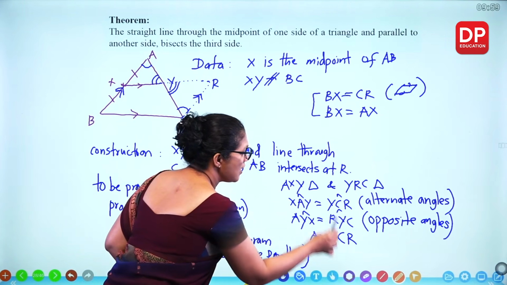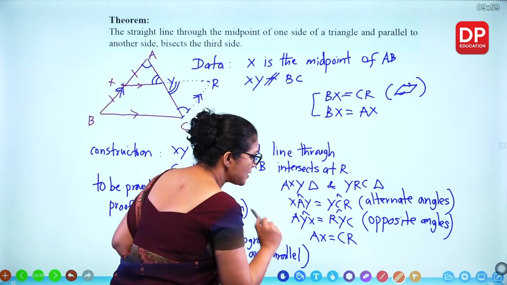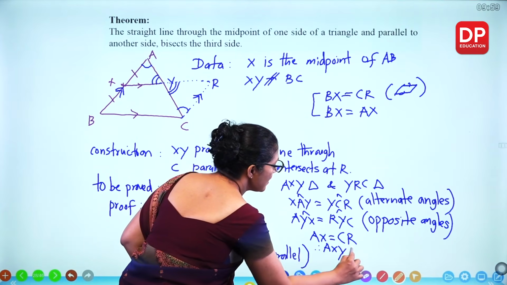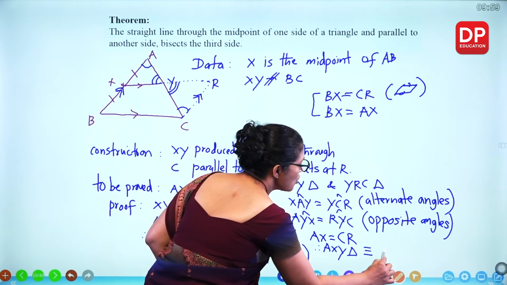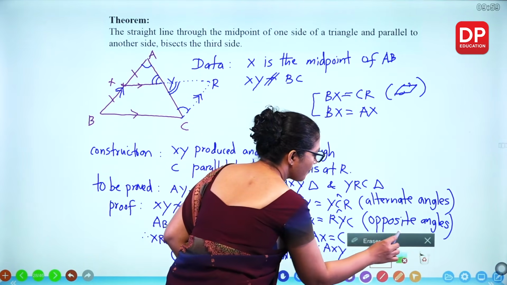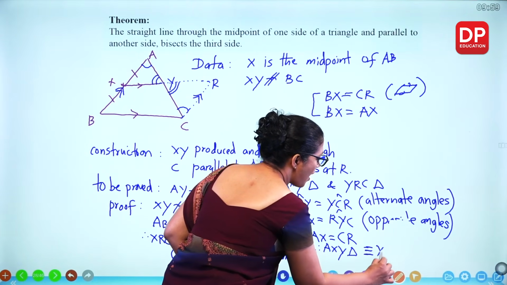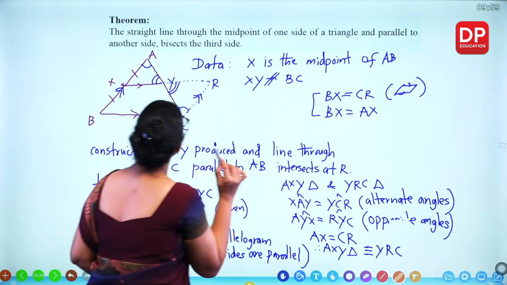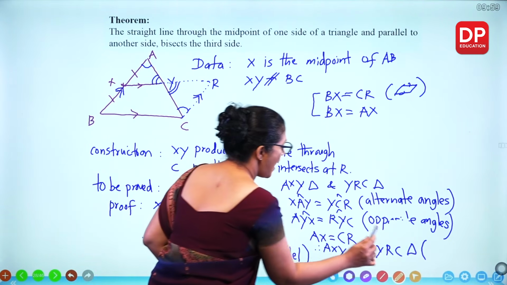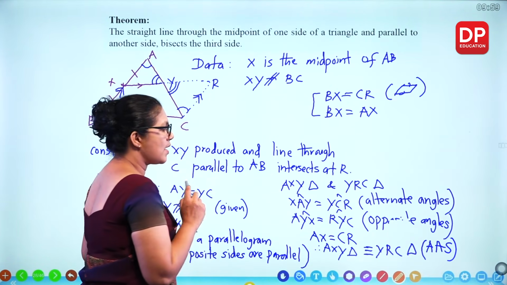So here, from this information, two angles and one side, we can say AXY triangle is congruent to YRC triangle. What's the case? Angle, angle, side. Two angles and one side.